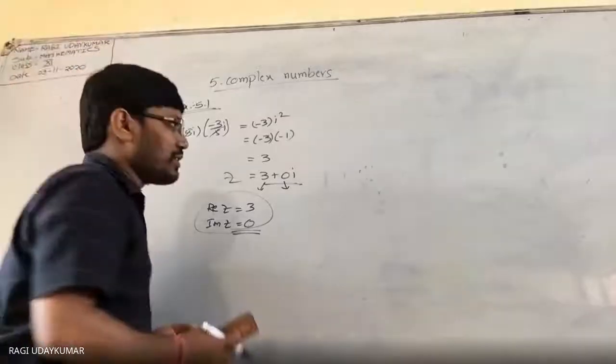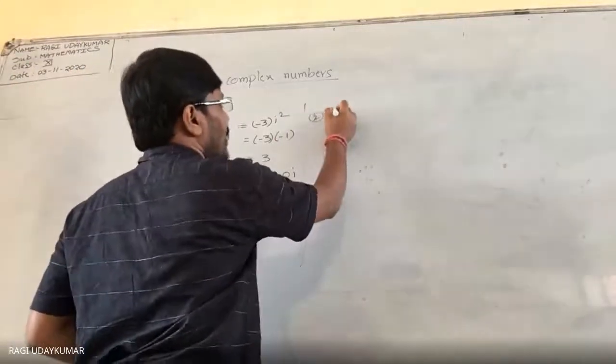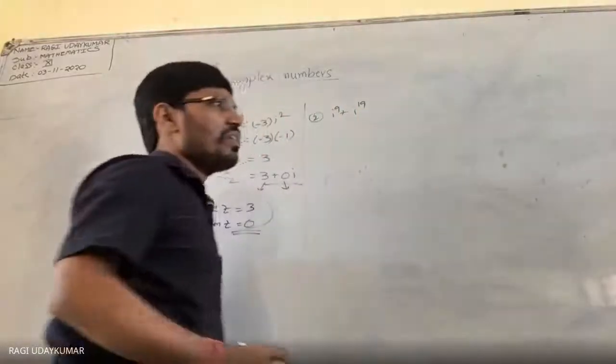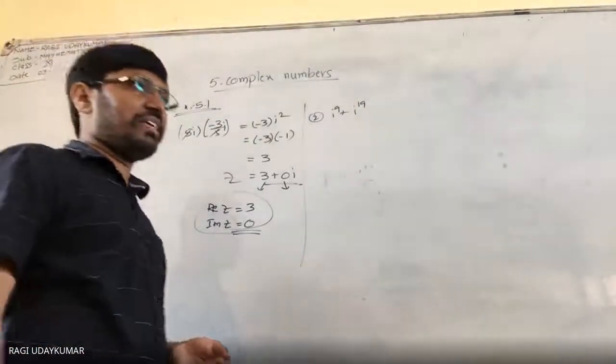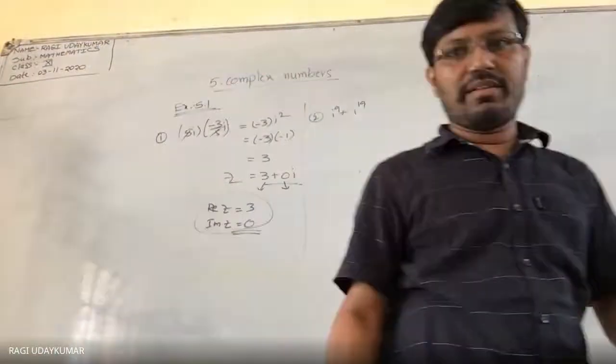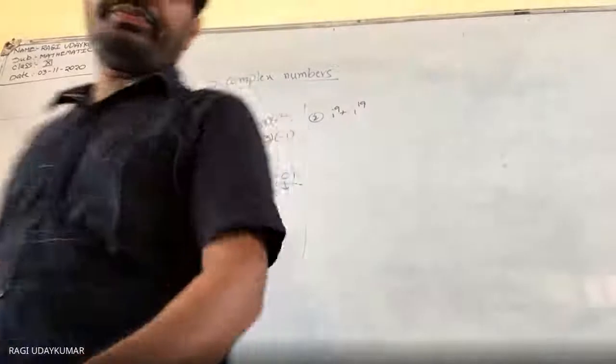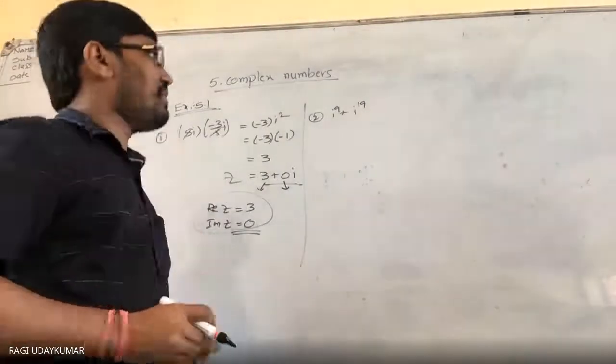Next, the second question: i to the power of 9 plus i to the power of 19. Whenever a power is given, convert it into multiples of 4 form.